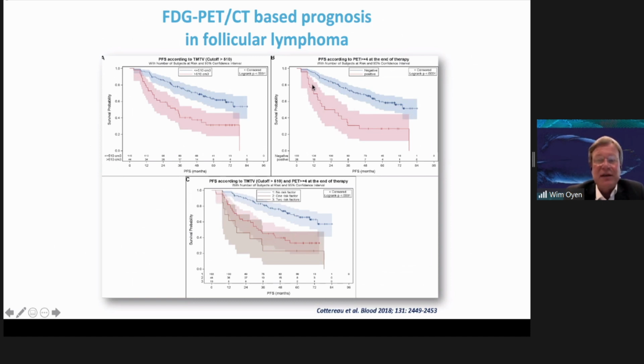The patients who were negative at the end of therapy do better than the patients who are positive. And that is also obvious. But what they also showed was that if you combine the two, having one of the risk factors positive is just as bad as having both of the risk factors positive. No risk factor is obviously the best indicator for a favorable outcome.